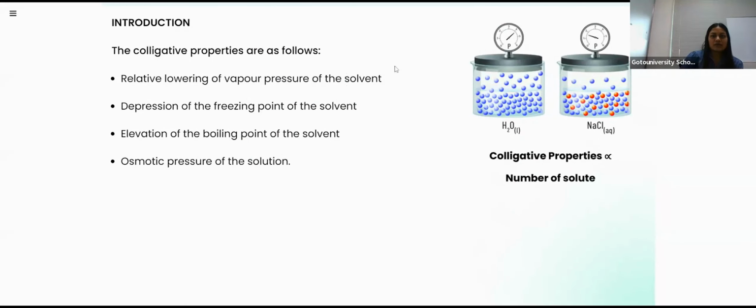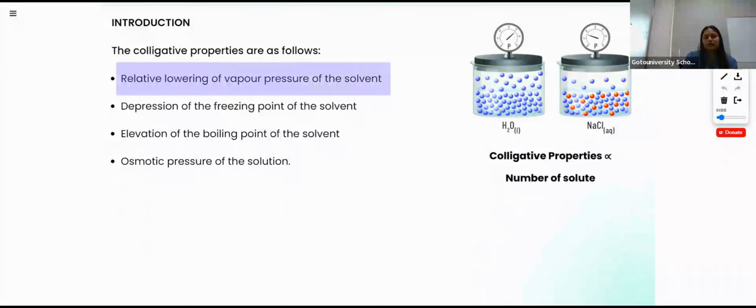We discussed that colligative properties are of 4 types, where we discussed relative lowering in vapor pressure, that the vapor pressure will decrease gradually as we add non-volatile solute particles to the solvent.